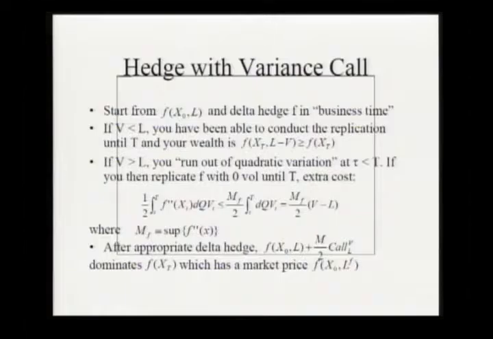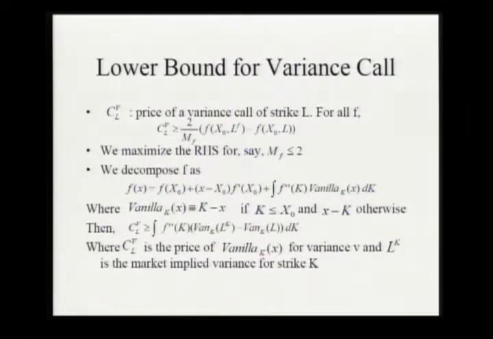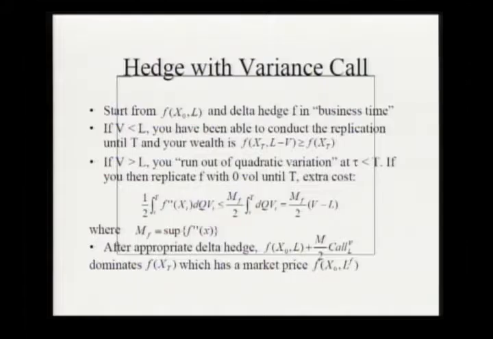So, a summary of this slide: it shows that you have a super replication of the payoff F by this initial premium and those variance calls. This means that this cannot be too cheap, otherwise it would be an arbitrage. This F has a market price, an implied volatility from the market, which will be a certain LF.